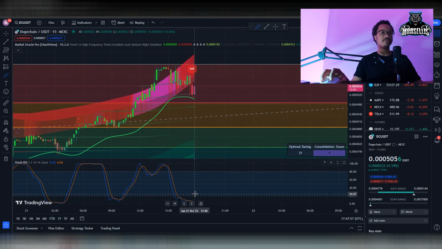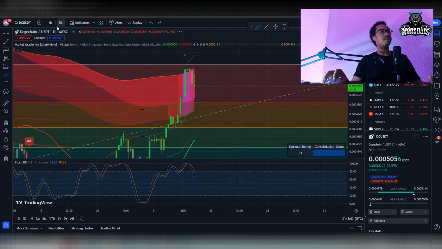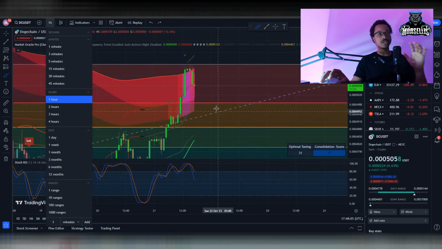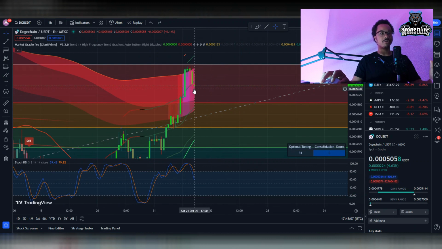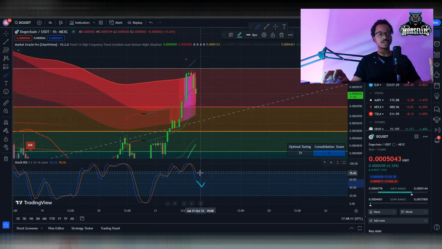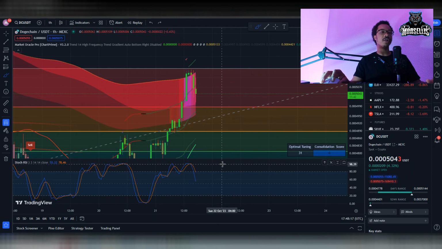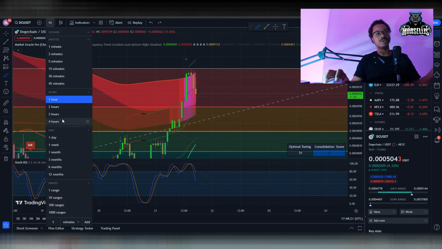On the 15-minute chart, it shows we're about to have the increase in price, then we're going to have a pullback, and then an increase in price from there. And if we look at the 1-hour chart, it could look a little bit similar, where we pull back a little bit more, and then the price increases, like on the RSI, and it crosses, and then we pull back a little bit more and continue to rise. So there are a lot of different scenarios, but it definitely all ends with DOGECHAIN rising.